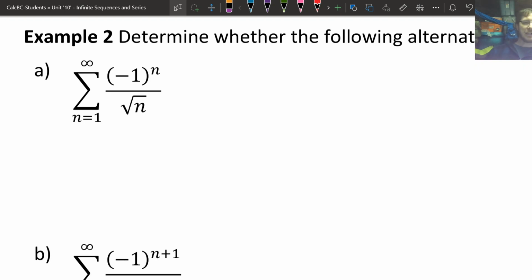So let us find the infinite series, n equals 1 to infinity, of the absolute value.